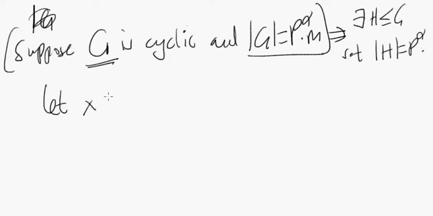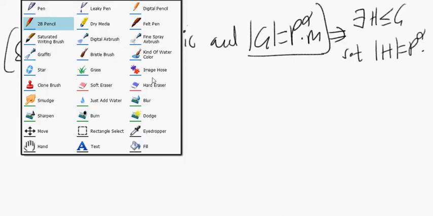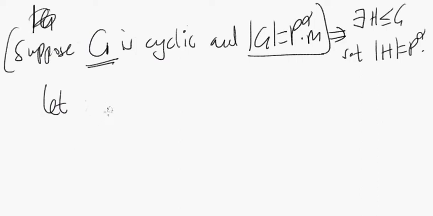Suppose we found x, an element of G, such that the order of x equals p to the alpha, right?